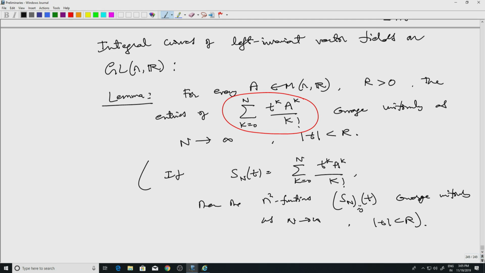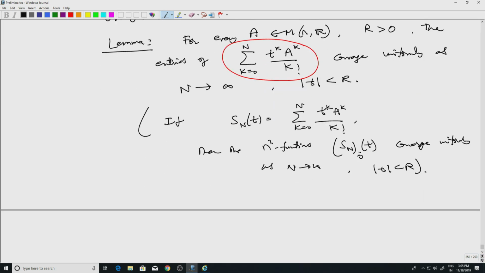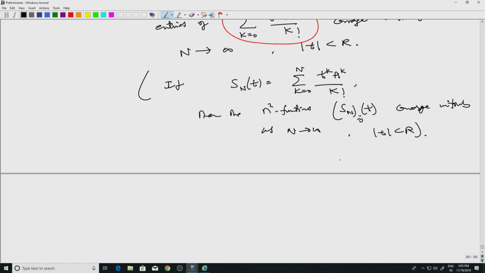And therefore, one can notice that these S_N ij(t) are just power series in t. So partial sums of power series in t. In other words, they just involve powers of t.